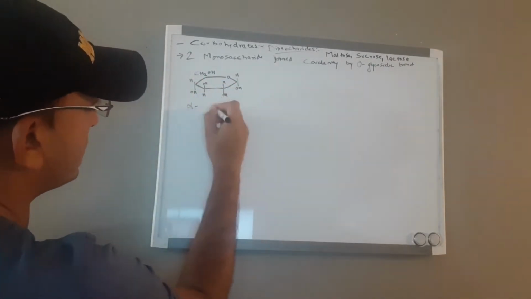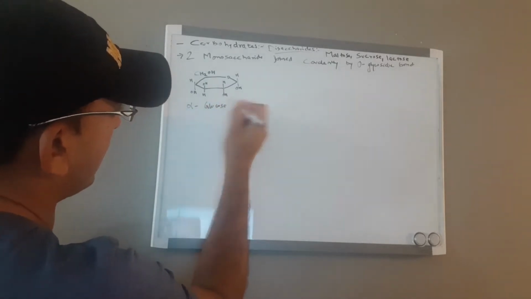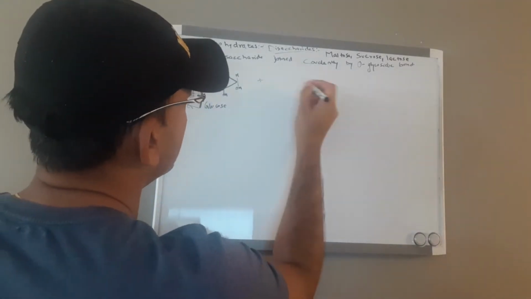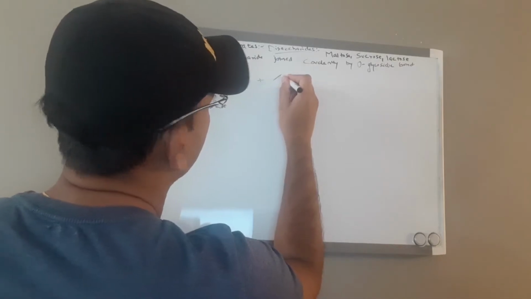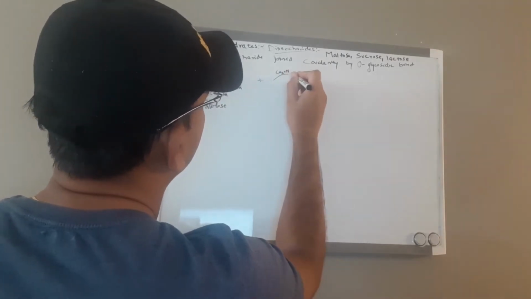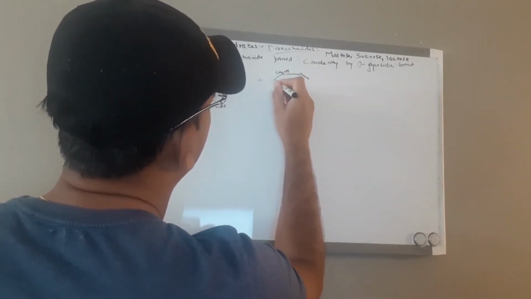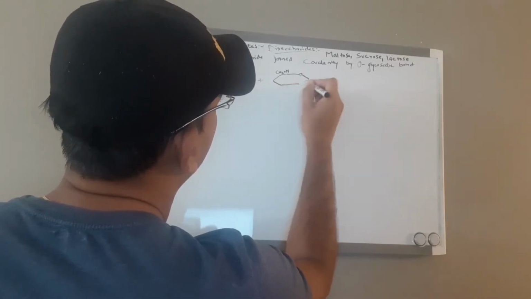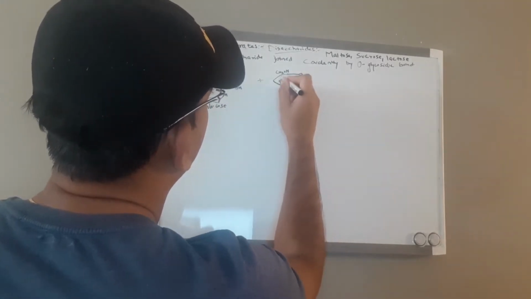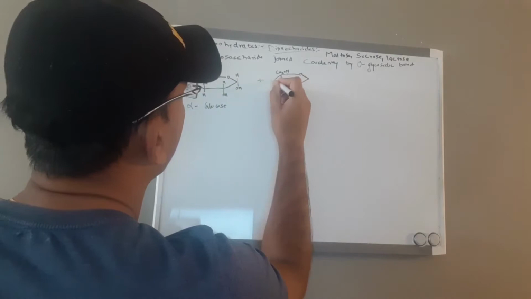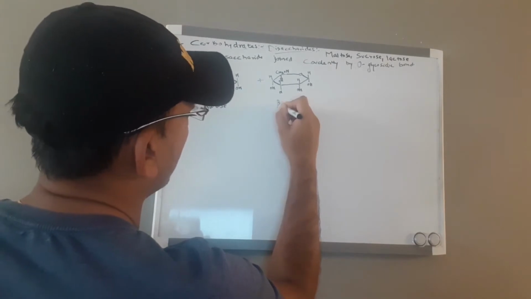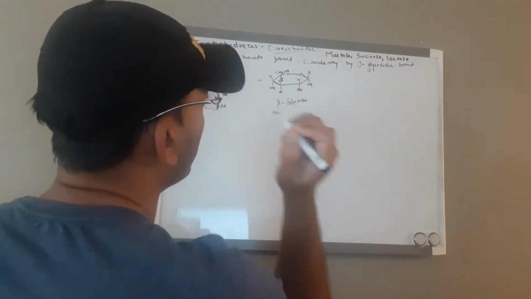For example, this is alpha glucose, and this is one monosaccharide, right? And this will join again, and this is, for example, beta glucose, right?